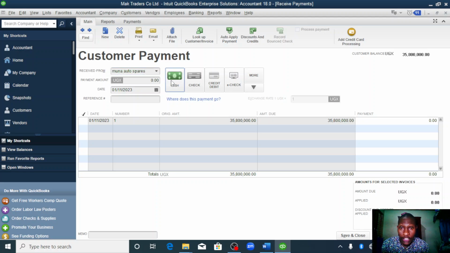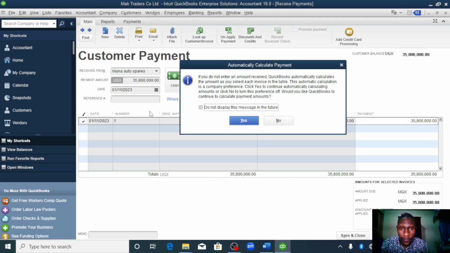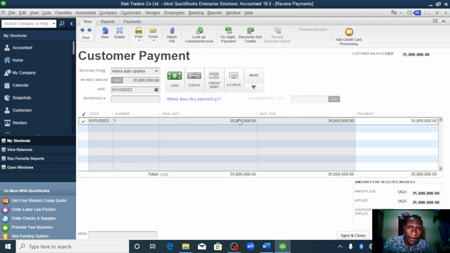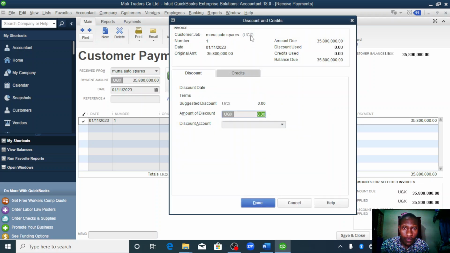We click on cash, we click here, remove this one, and then we go to discount. So we apply our 2% discount of 2%.